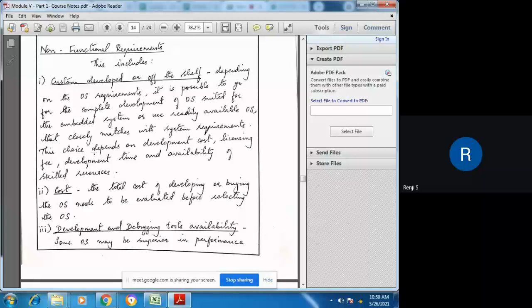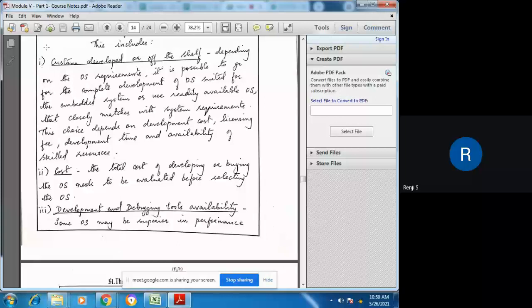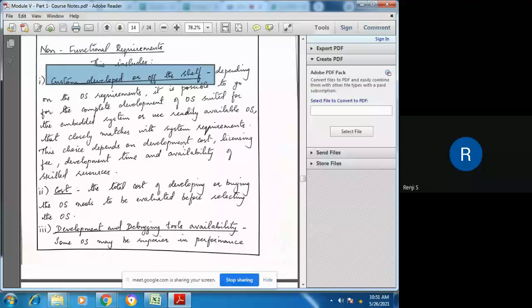This includes checking whether it is custom developed or off the shelf. Off the shelf means ready-made software or ready-made hardware components that are available. If we have products easily available, then we can buy the product and assemble the system.